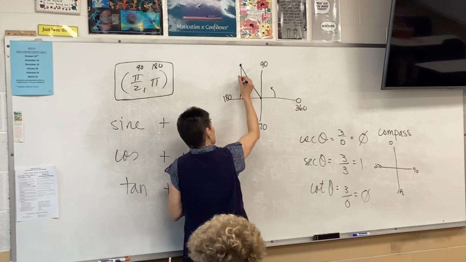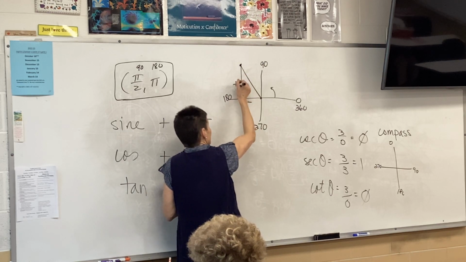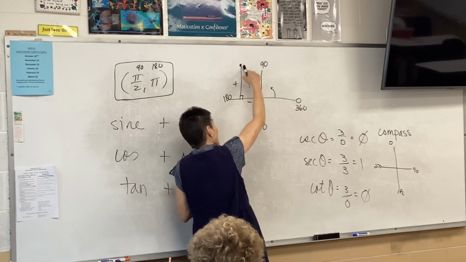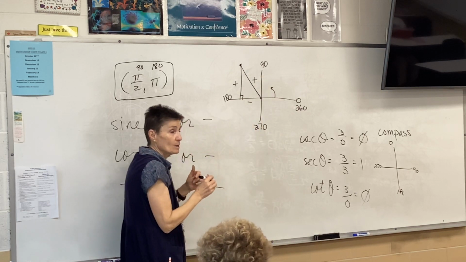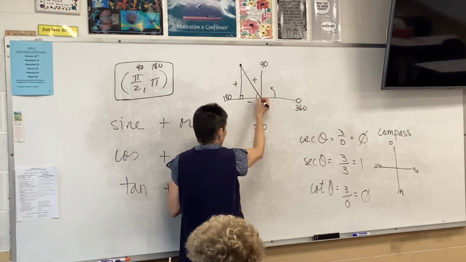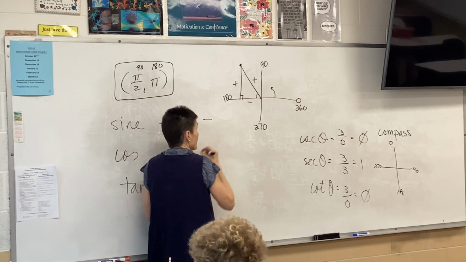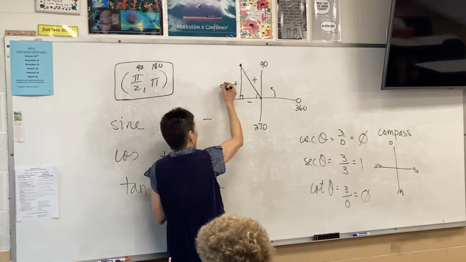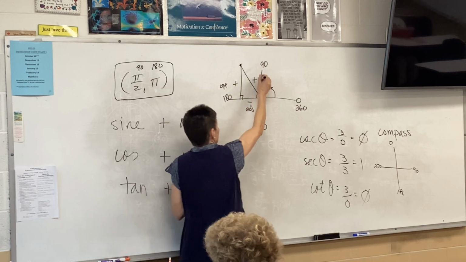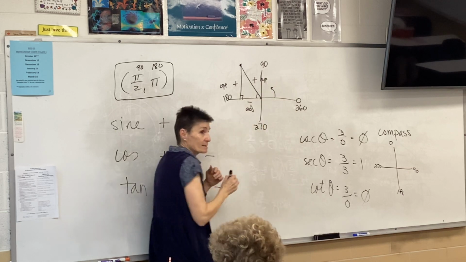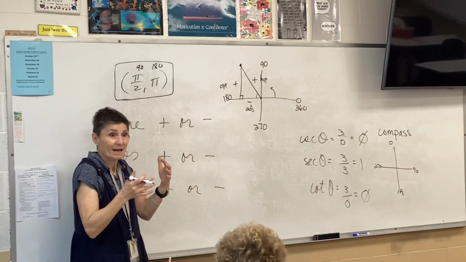And then what about this side? Positive. And what about my hypotenuse? Always positive. So here's my angle. The opposite side is positive. The adjacent side is negative, and the hypotenuse is positive in that location.